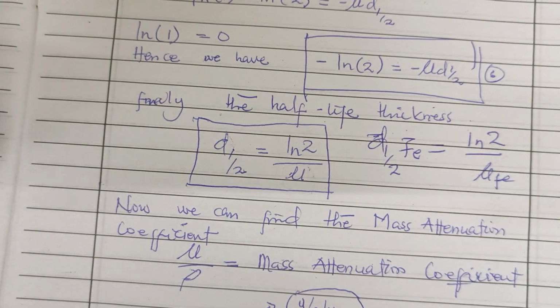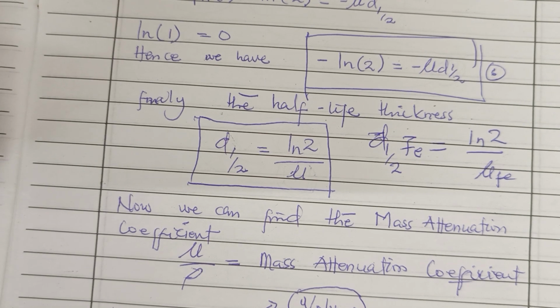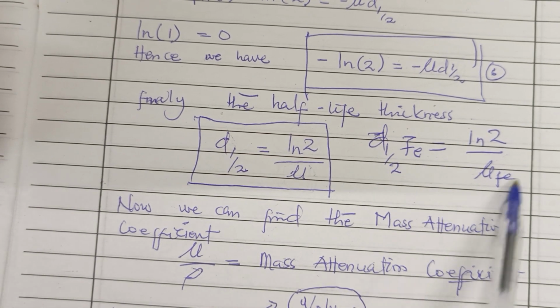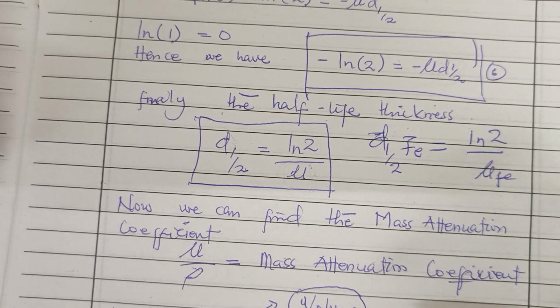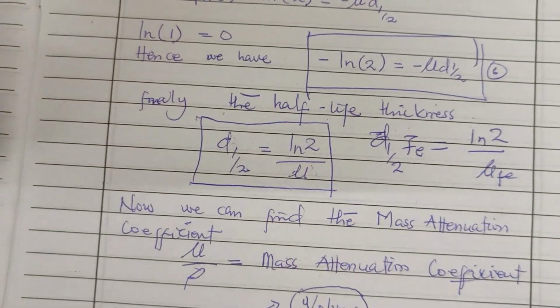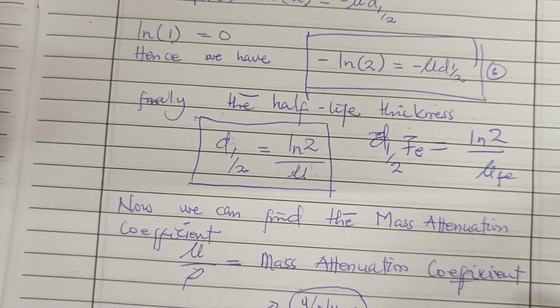You do this for each material, so you find the half-life thickness value for each material. So that's how you find the half-life thickness value for all the materials.